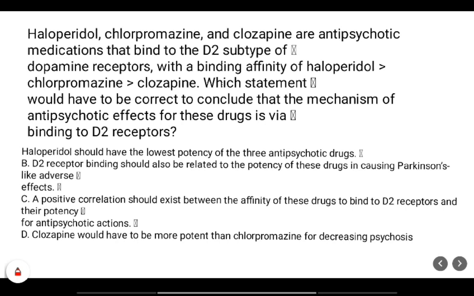Now we can have a look. Option A, haloperidol should have lowest potency of the 3 antipsychotic drugs. Option B, D2 receptor binding should also be related to the potency of these drugs in causing Parkinson, like it was given. C, a positive correlation should exist between the affinity of these drugs to bind to D2 receptors and their potency for antipsychotic actions.